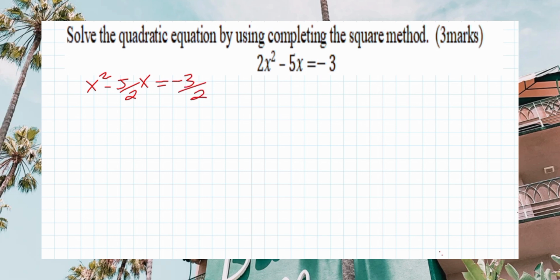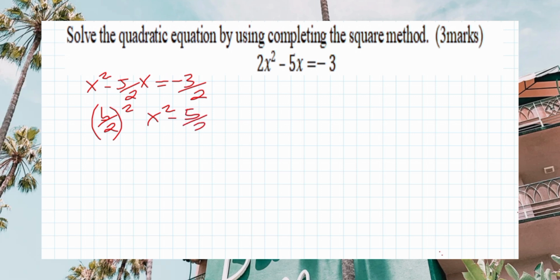Then from there, in order to complete the square, we need to add half of b squared, both on the left hand side and also on the right hand side. So in our case here, our b is negative 5 out of 2. And so half of that is now going to be negative 5 out of 4.